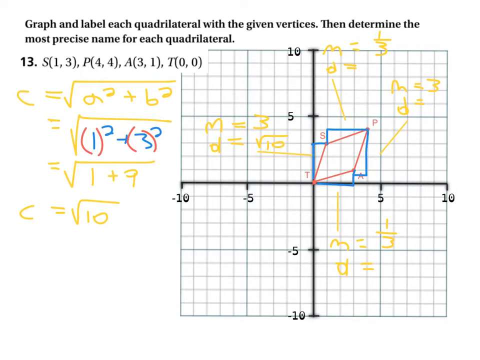And what do we know about the slopes? We have a slope of 3 here and here, and we have a slope of 1/3. It seems like they have a relationship, right? Right, it does seem like that. Here's the problem. The only way that it's meaningful is either if we have the exact same slope, like we do on the opposite sides, 3 and 3, that means they're parallel.